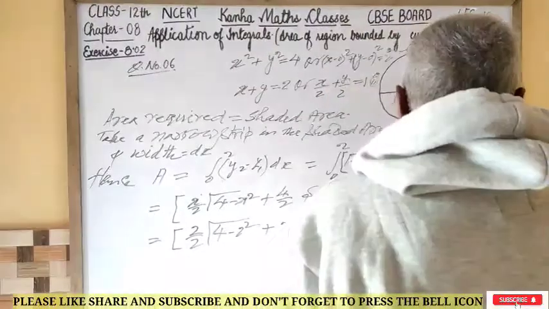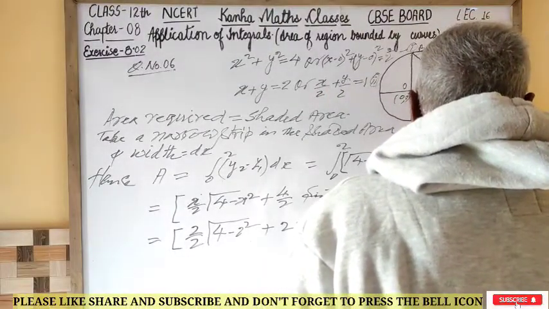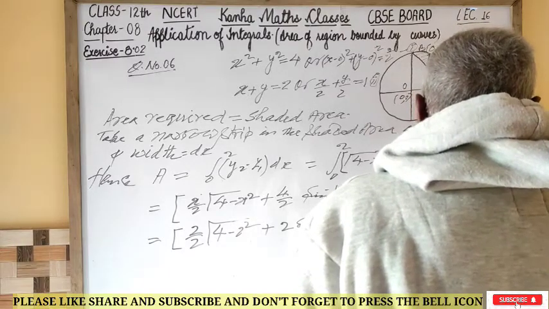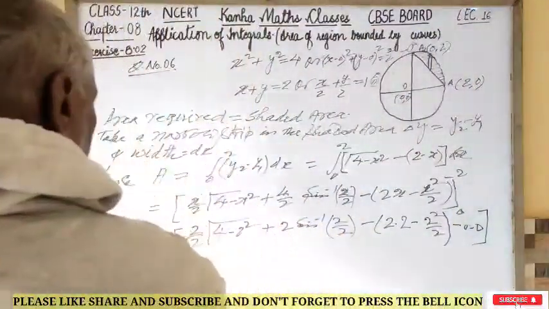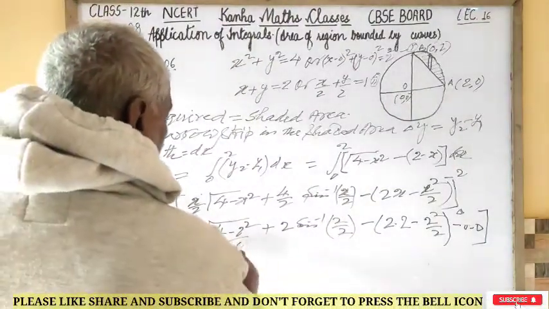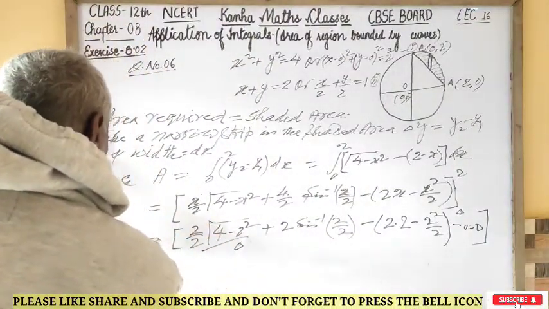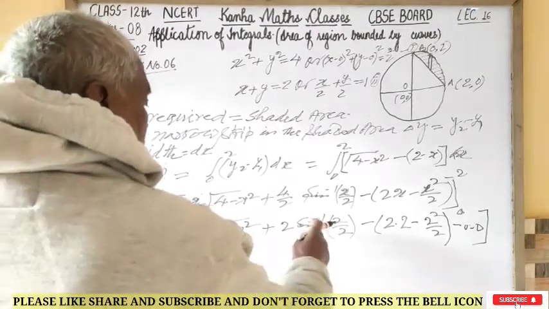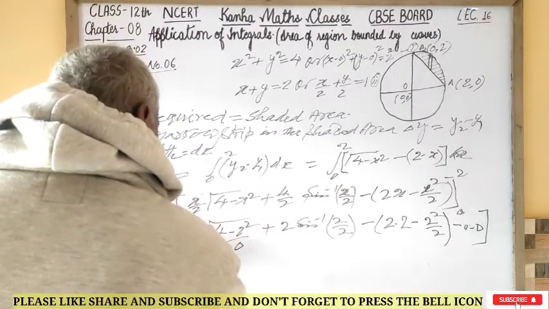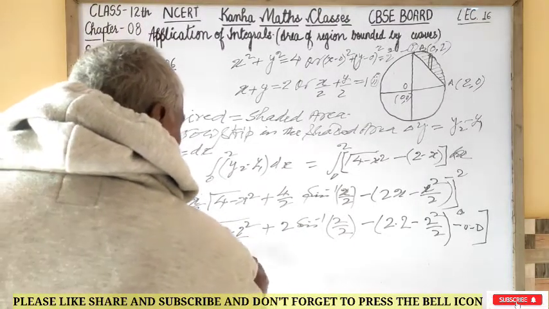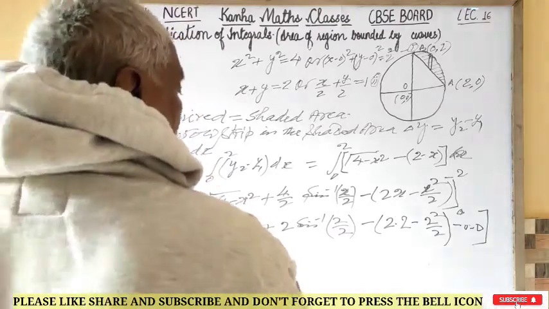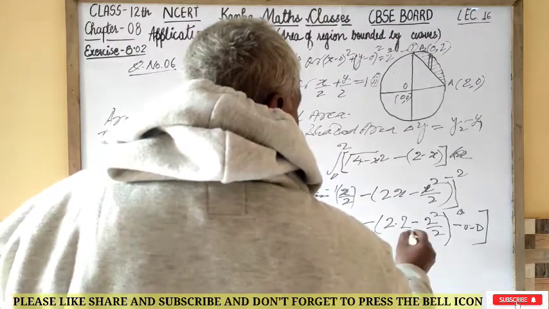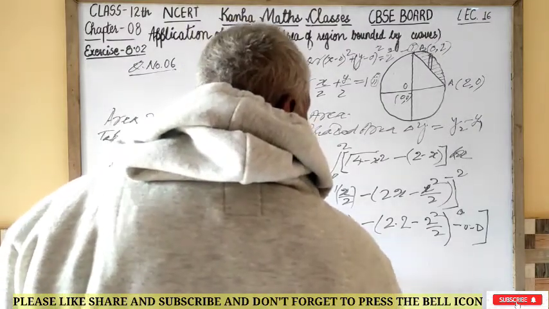Hence 0 minus 0, this will be 2 sine inverse 1 minus (4 minus 2).